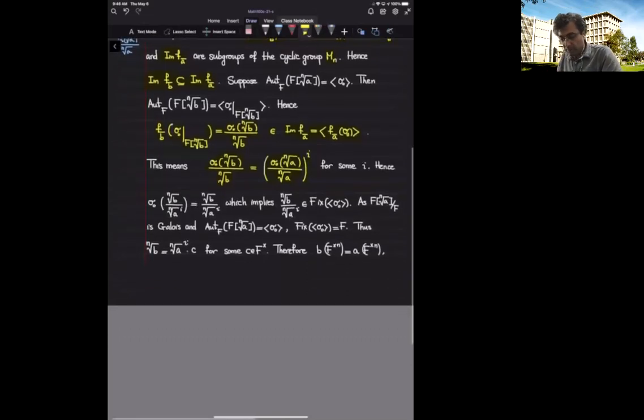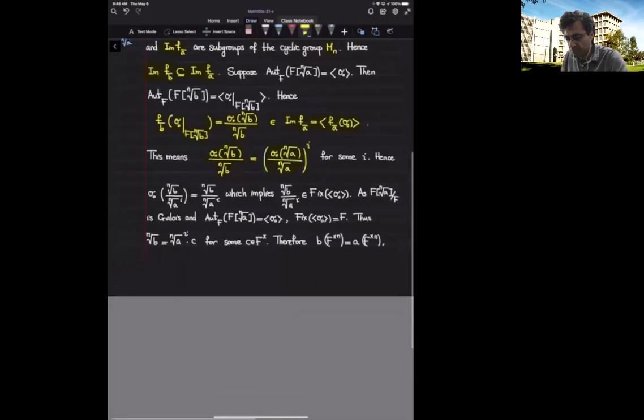Now, what we can do from here, I can put the sigma naughts on one side and the constants on the other side, and through that we get that sigma naught applied to the fraction, the nth root of b divided by the nth root of a raised to the power i, is the same fraction, which means this fraction belongs to the fixed points of sigma naught.